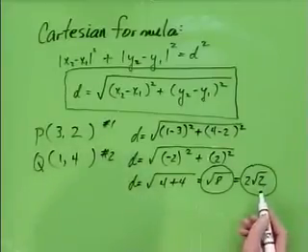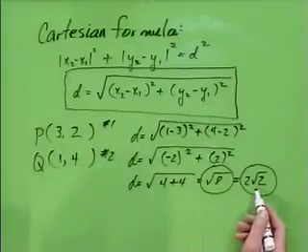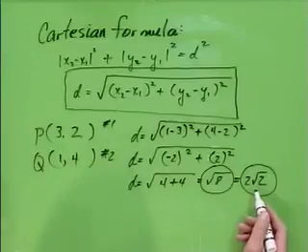And the reason for that is when you have a square root and a number under the square root that's not a perfect square, so you can't completely eliminate the square root, these are called irrational numbers. And one of the important characteristics of irrational numbers is, in decimal form, they never terminate and they never repeat. So I would leave the answer like this and not even use a calculator to approximate that.